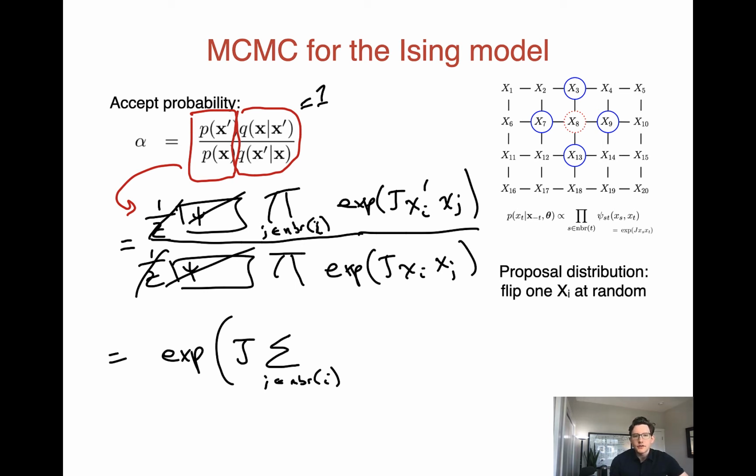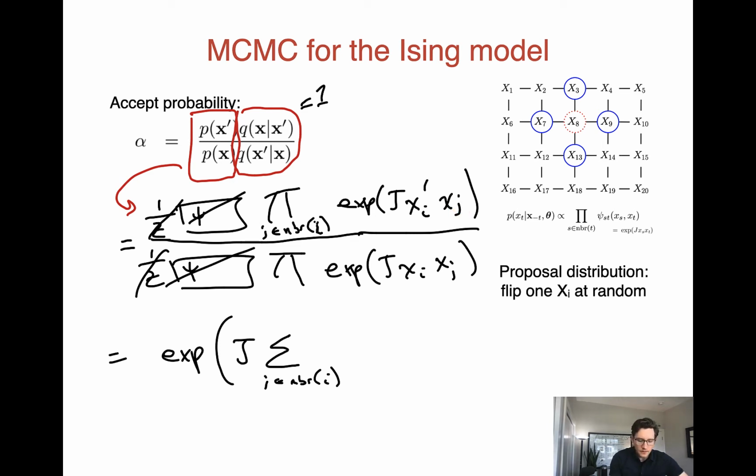Then the second thing to notice is there's kind of two cases. Let's look at the case where xi and xj match. Then this thing is going to be 1, and this thing is going to be -1. So when we take a -1 here divided by x with a 1, we're going to get a -2 here.